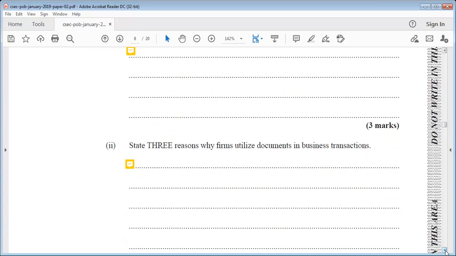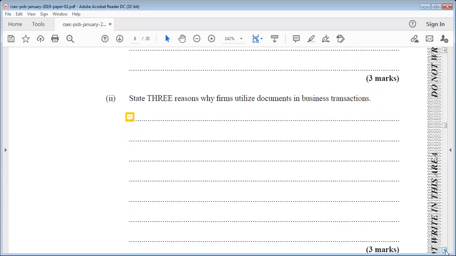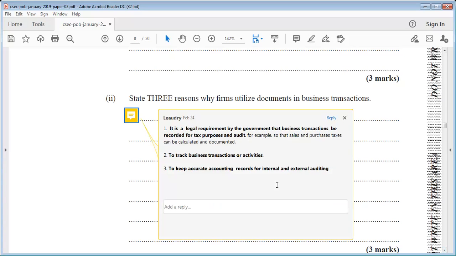Let's move on to the second part of question 2A. It says, state 3 reasons why firms utilize documents in business transactions. So what are 3 reasons? 1, it is a legal requirement by the government that business transactions be recorded for tax purposes and audit.